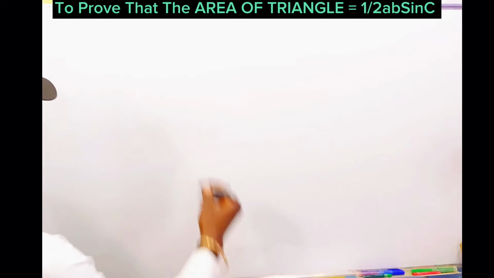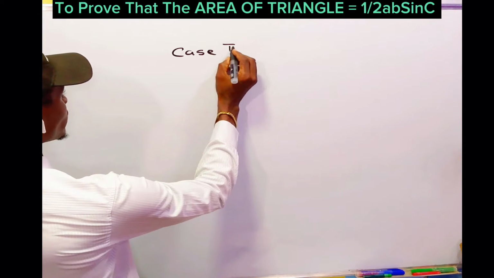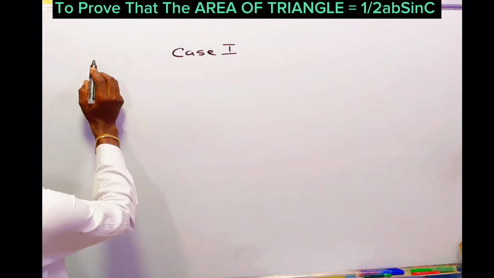Let's consider the first case. Let's call it case 1, which is for every triangle ABC when angle C is an acute angle.